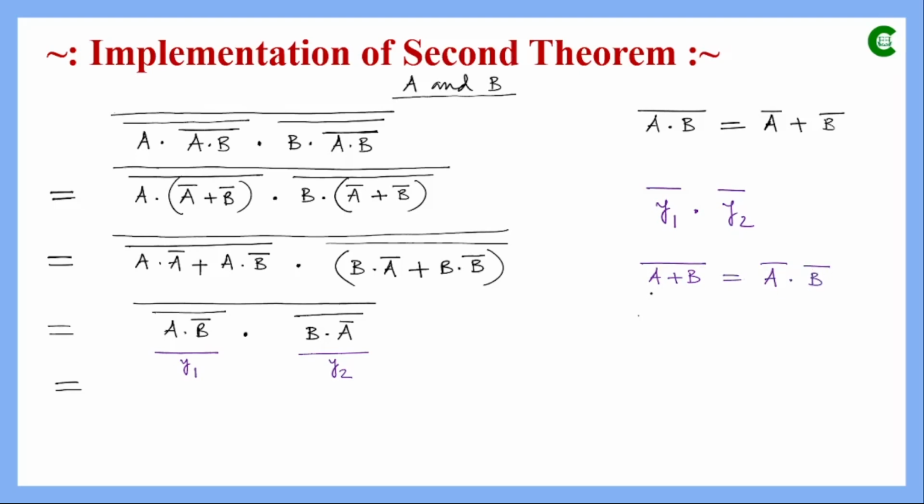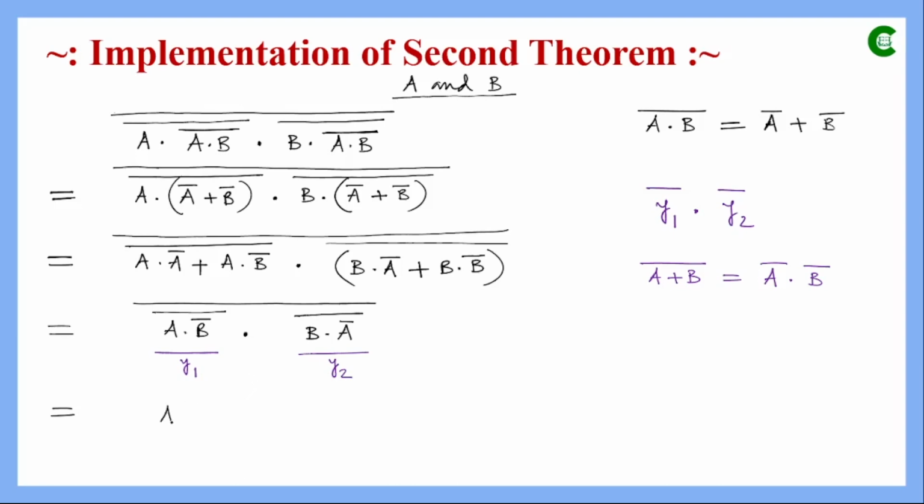So we can use this theorem to simplify this part of the Boolean expression. Here it is the complement of one Boolean variable, y1, then the AND operation, and then the complement of another Boolean variable, y2. So it can be written as y1 plus y2, then whole complement.